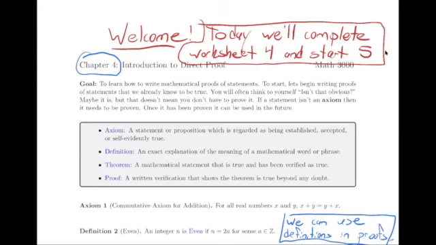So the plan for today is to keep going on with our proof practice. So we're going to work on worksheet 4. Last time we did kind of one proof together, and then you guys worked on one briefly at the end of class. So I want to spend a bit more time today going through some together, giving you a chance to work through some with your classmates.